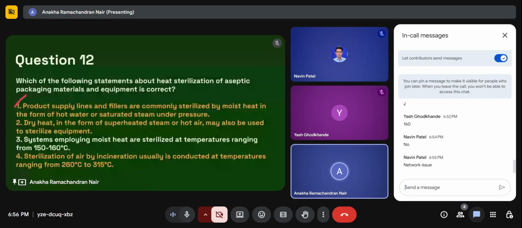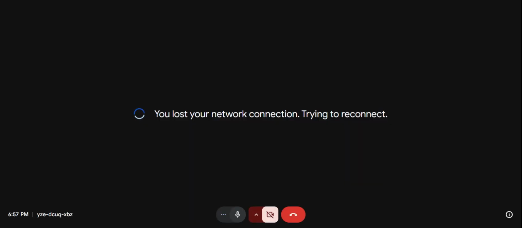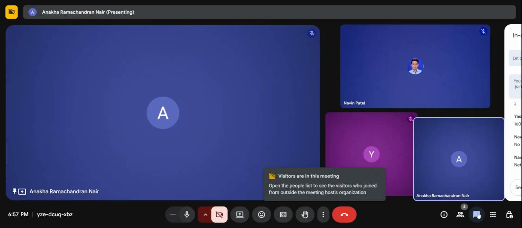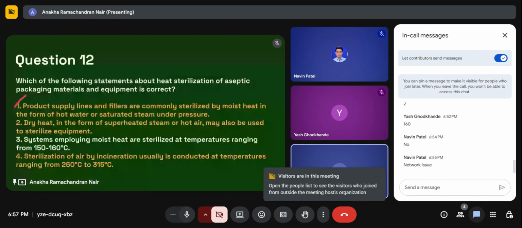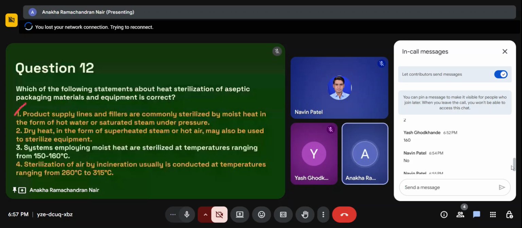I'm not seeing anything in the chat. Am I audible now? Are you able to see the screen?